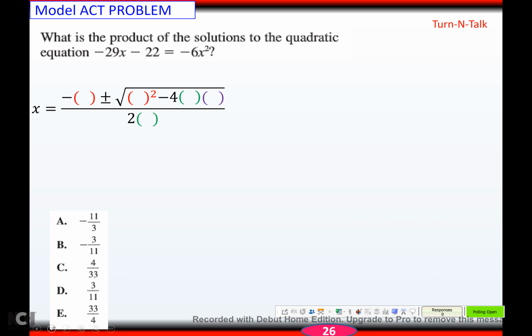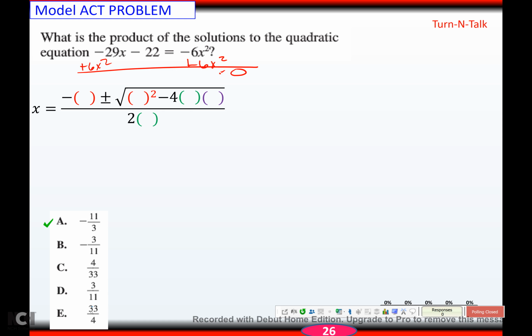Alright, try this one. Hit pause. Come back when you're ready. Hopefully you got A. Alright, we are not in quadratic form, so I'm going to add 6x squared, which gives me 0 over here.